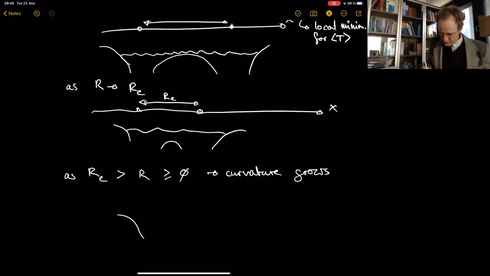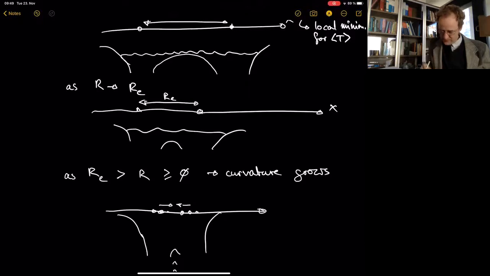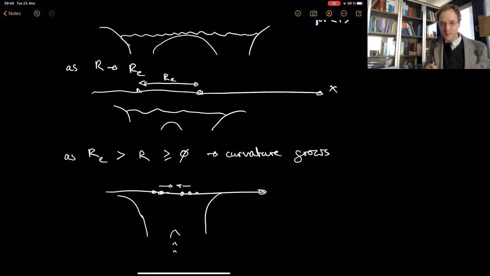So your potential, as these two nuclei approach each other, in between drops further and further down.